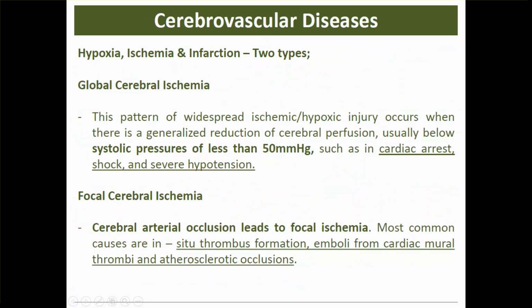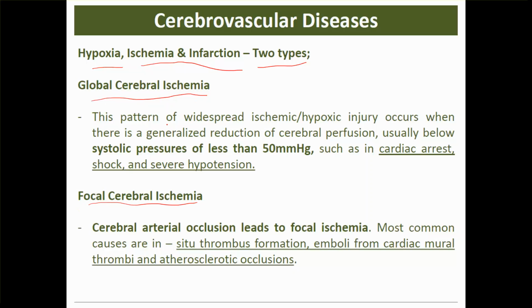The cerebrovascular diseases have either hypoxia, reduced oxygen supply to the brain, or ischemia or infarction, and they are seen as two types: global cerebral ischemia and focal cerebral ischemia.